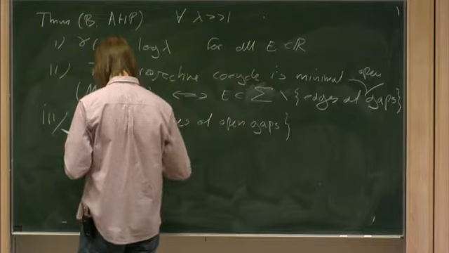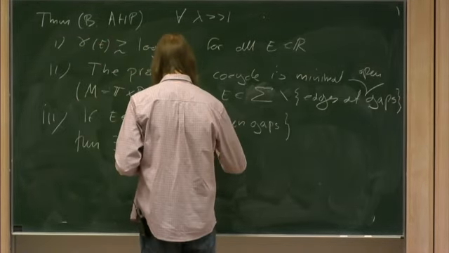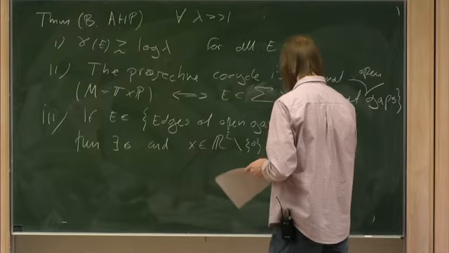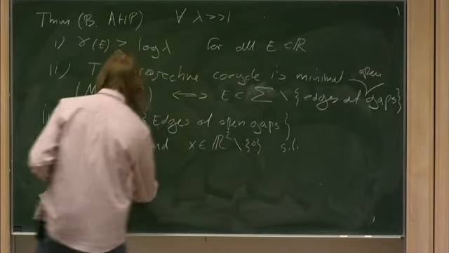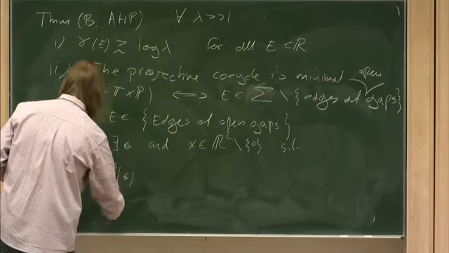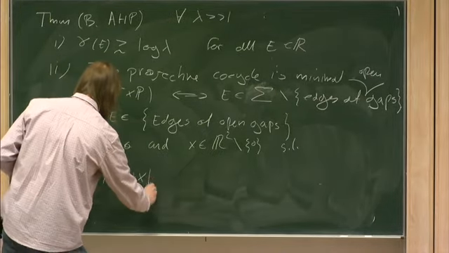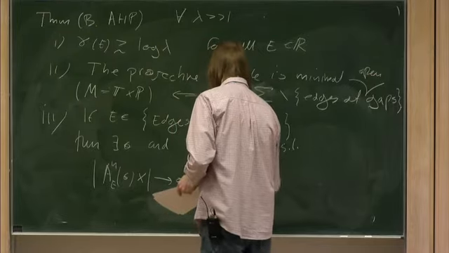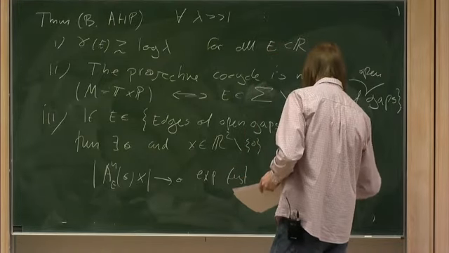Then there exists a theta and an x in R2, which is not 0, such that the solution for this E of x tends to 0 exponentially fast as n tends to plus minus infinity.